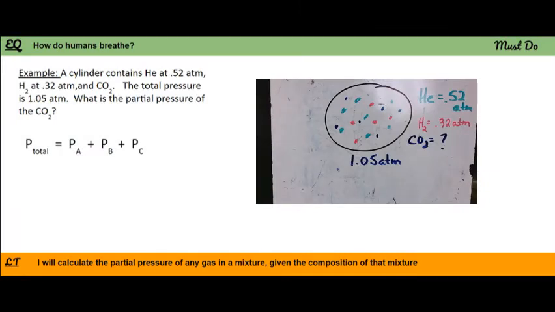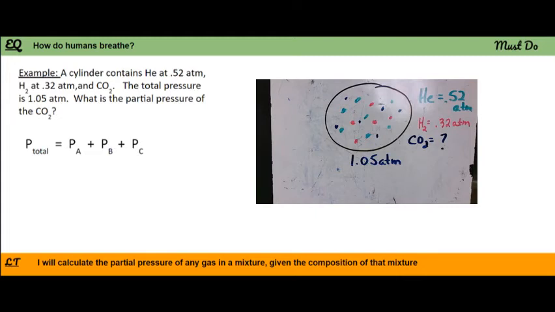So in our example, it says that a cylinder contains helium at 0.52 atmospheres, hydrogen at 0.32 atmospheres, and some carbon dioxide. The total pressure in the container is 1.05 atmospheres.